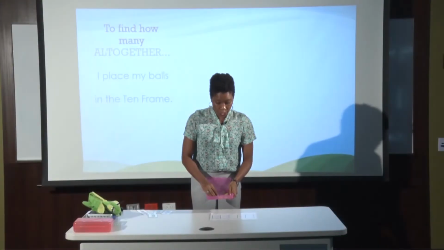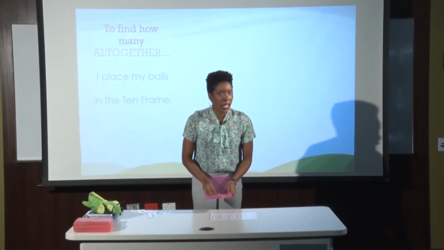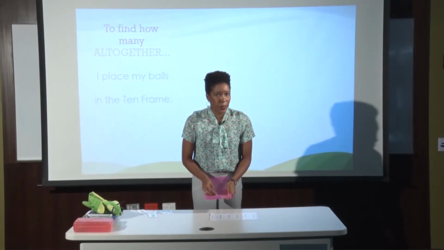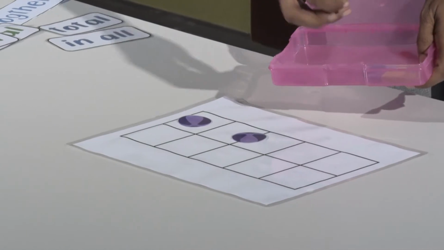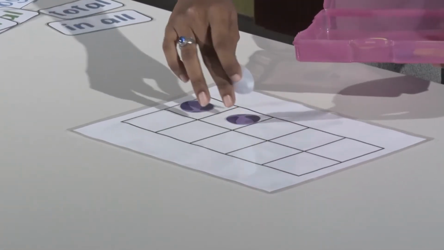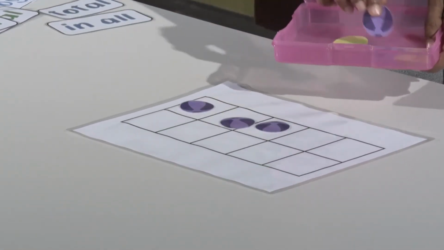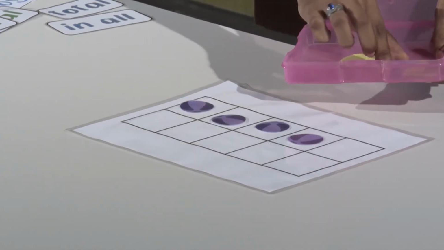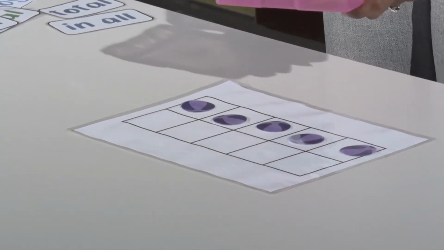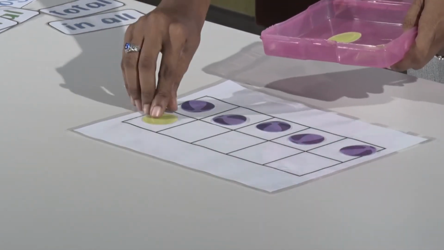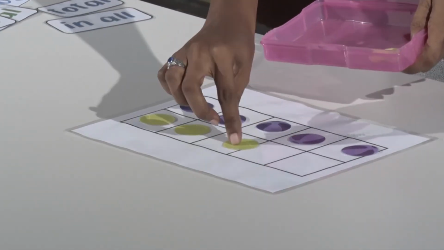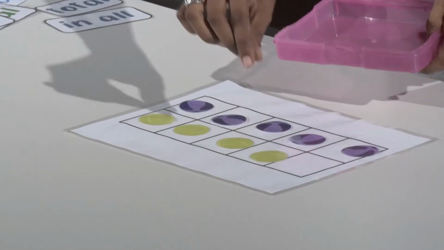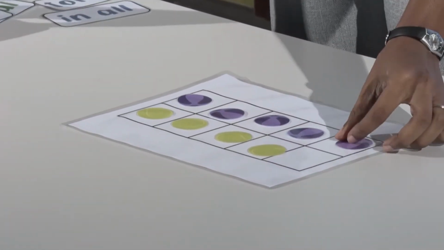Here I have pictures of my purple and yellow balls, which I am going to place in my 10 frame. 1, 2, 3, 4, 5 purple balls. 1, 2, 3, 4 yellow balls.